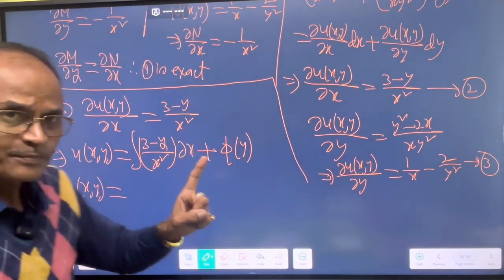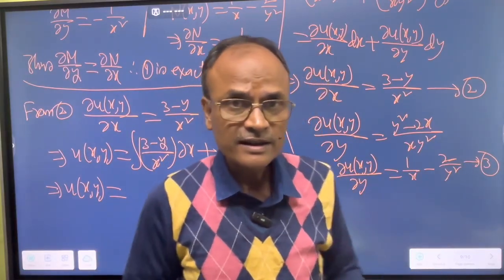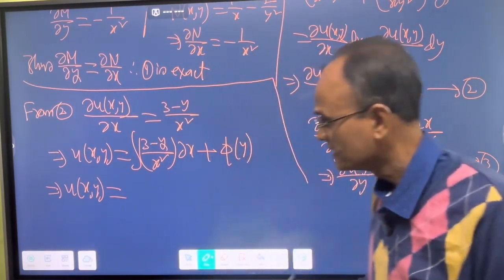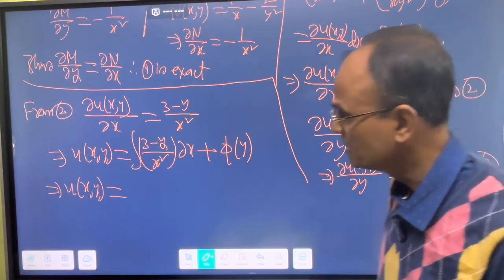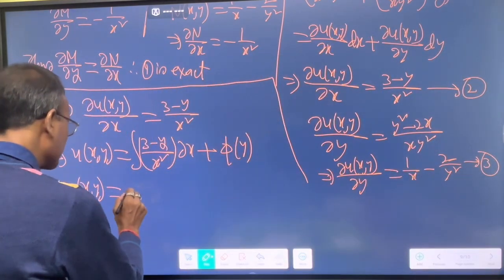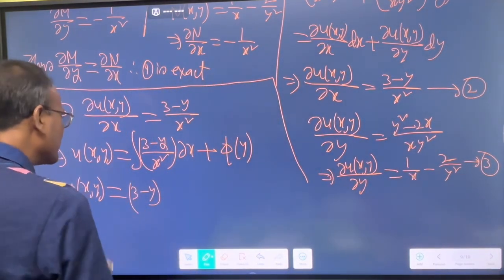With respect to x, treat y as constant, so 3 - y is constant.